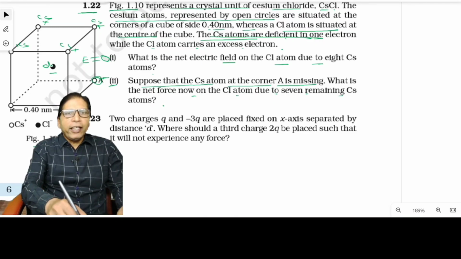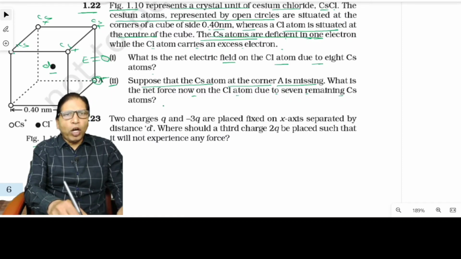Look at this, this is A and the diametrically opposite point C. The positive charge at C exerts a force on the Cl atom along this direction.